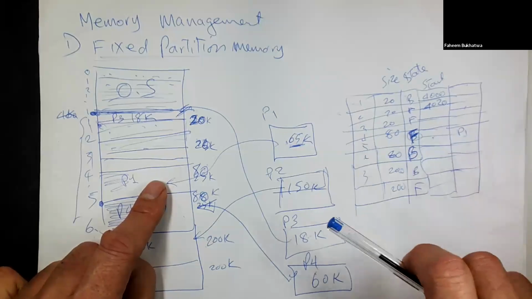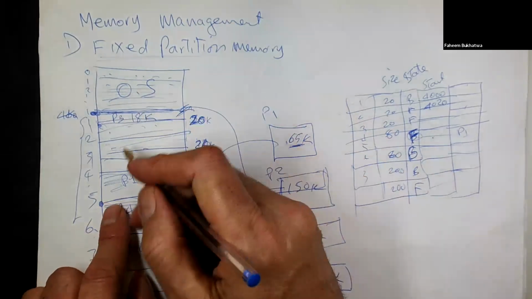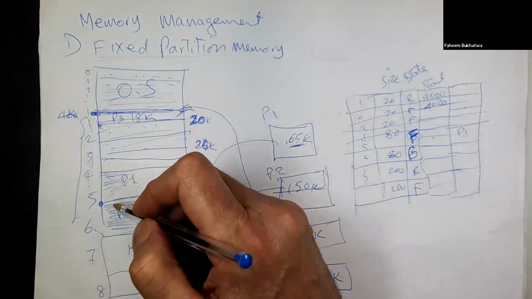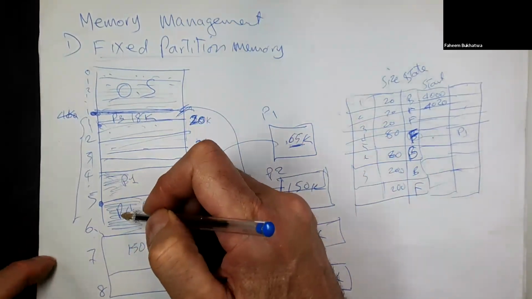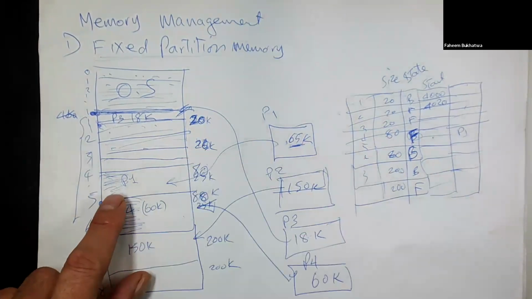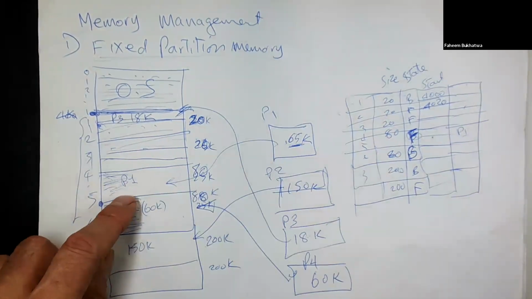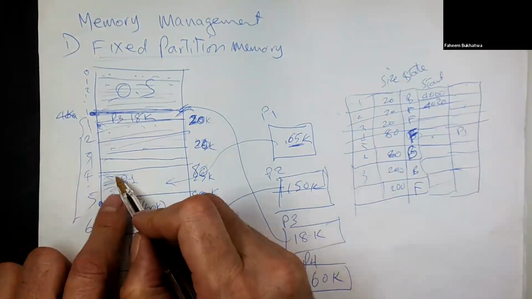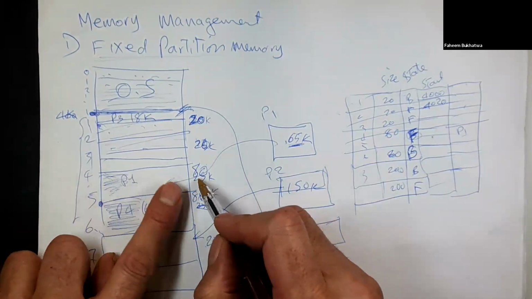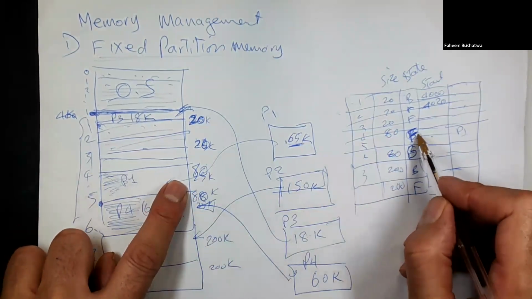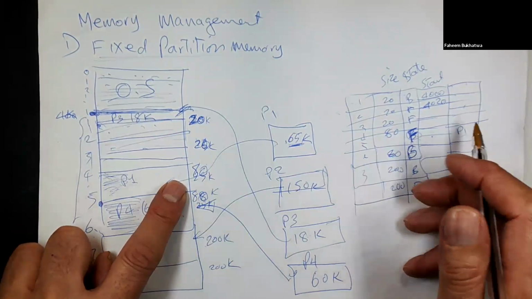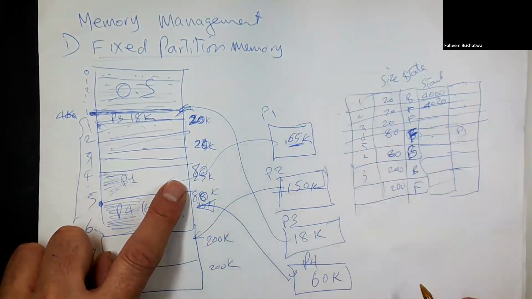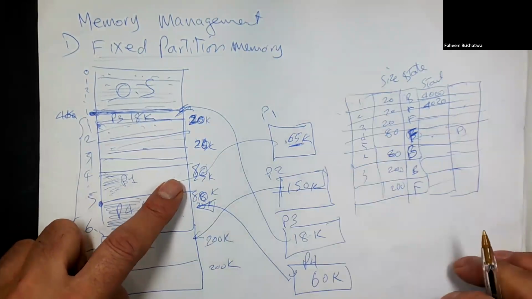We didn't even have to go to the program code and overwrite it or wipe it off. It doesn't matter, because when we give this memory to another program, the new program will be written here. All we did is mark this block as being free. So now it's available to maybe a new program that comes in.